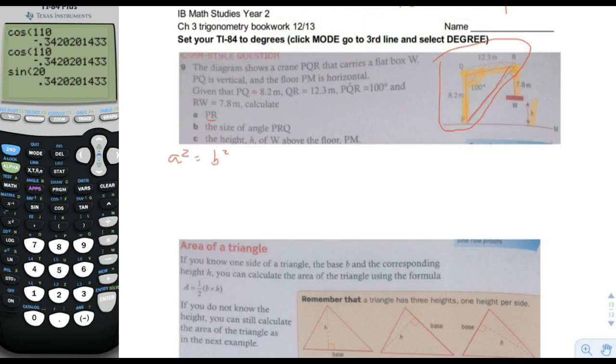A squared equals B squared plus C squared minus 2BC cosine of A. And all of our A's are going to turn into Q's because that's the angle that we know, so we need to use that Q. The other ones can be R and P. So side R, side P.